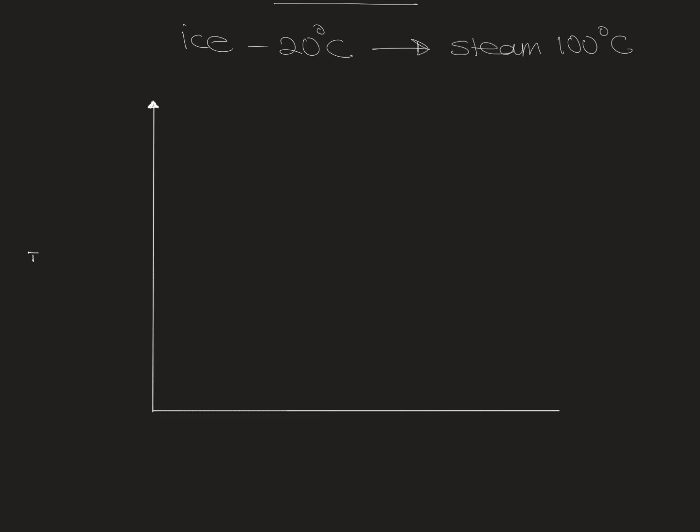So that is temperature in degrees Celsius against time. We have ice initially at minus 20 degrees Celsius. So how will it transform?